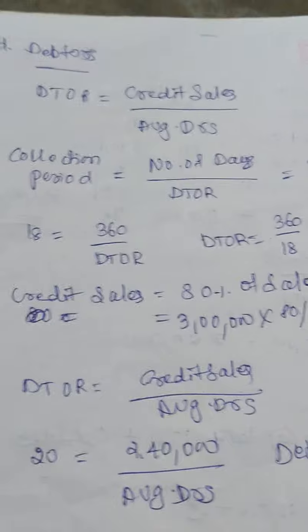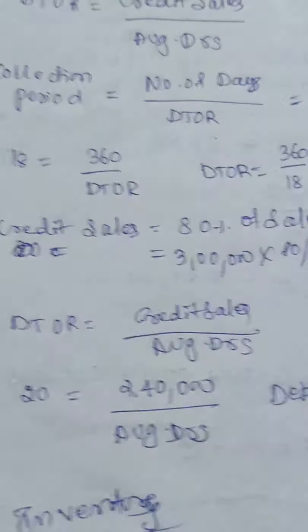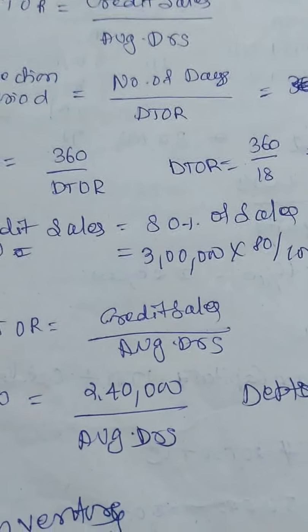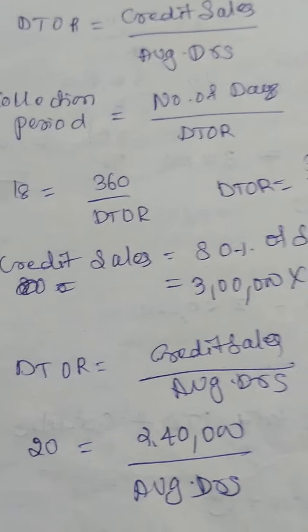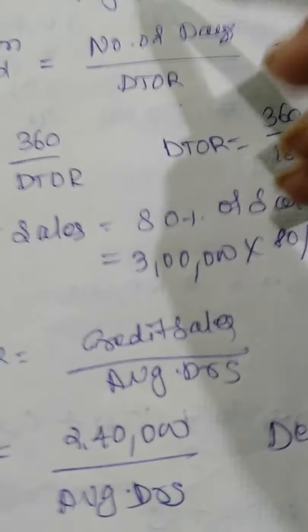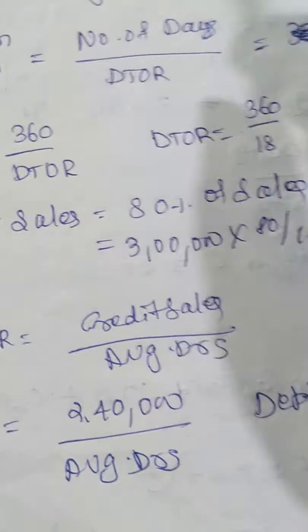Okay, now in current assets you have first one, debtors. For debtors we need credit sales divided by average debtors, or we need the debtors turnover ratio, and we don't know anything. So what we can do, first we can find the debtors turnover ratio.